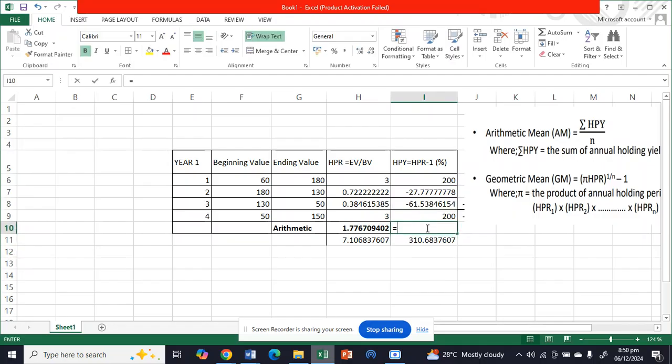Then we divide this by 4 years. So on average, our investment grew by 77.6%. Okay, that is our arithmetic mean.